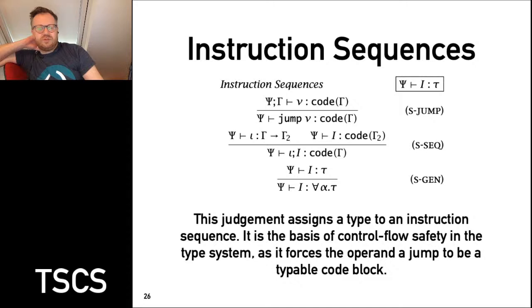And the last rule is helping you with the reduction of universally quantified types. That means if you can type some instructions as tau, you can also type it as a universally quantified type, and say for all alpha dot tau.